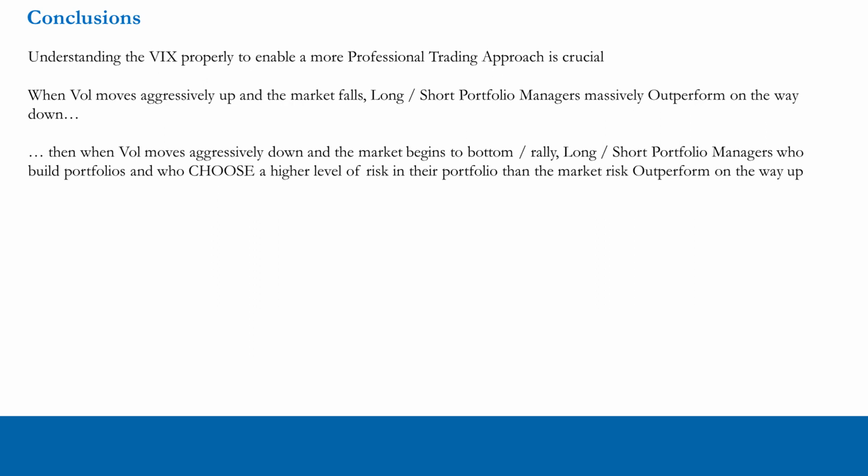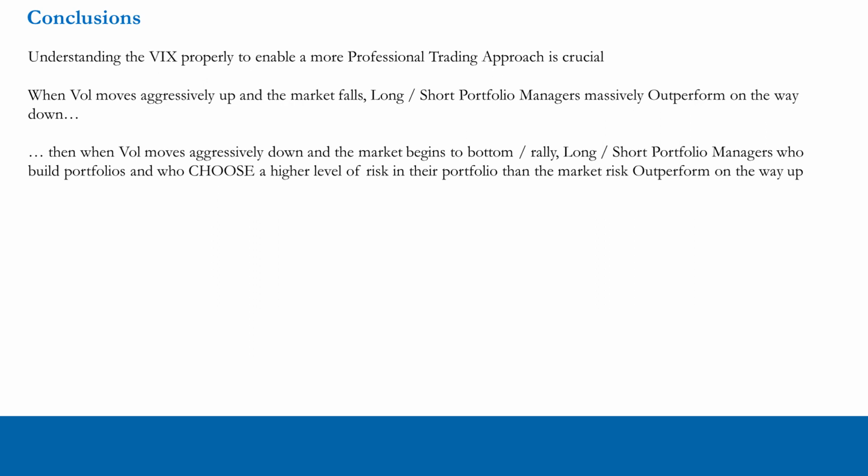And when volatility moves aggressively down and the market begins to bottom and the market rallies, long-short portfolio managers who choose to build portfolios with a higher level of risk than the market risk outperform on the way up. We are an absolute return mandate. We make a lot of money on the way up. That's our aim. We make a lot of money on the way down.